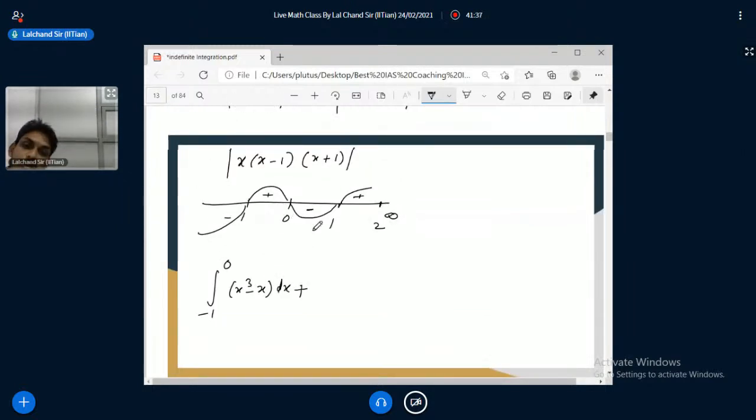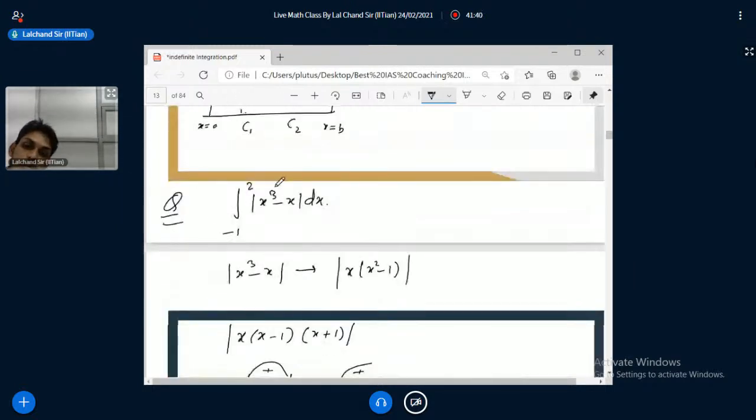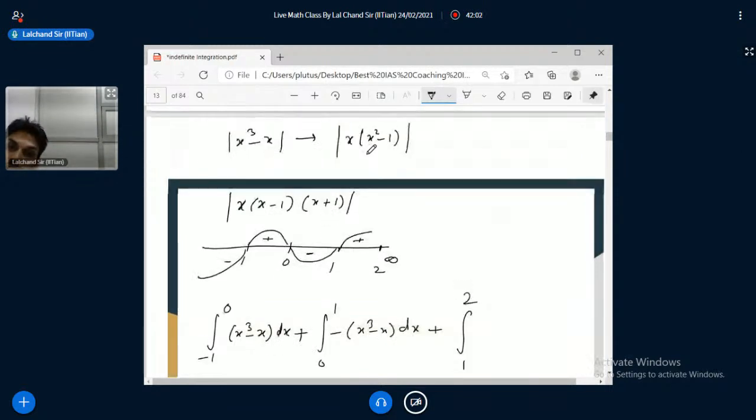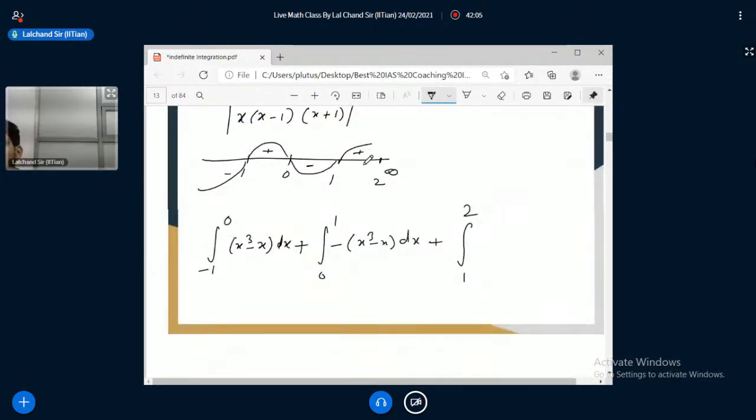Plus, now from 0 to 1, this mod value is negative. So we need to multiply with minus sign to open this mod value. So we can write from 0 to 1 negative of x cube minus x dx, plus from 1 to 2, this is again positive, so we can write this mod value as x cube minus x dx.